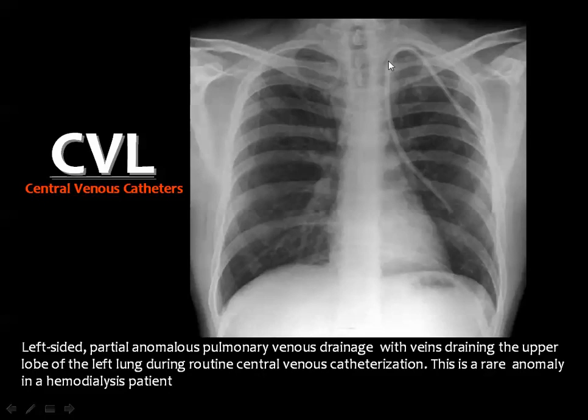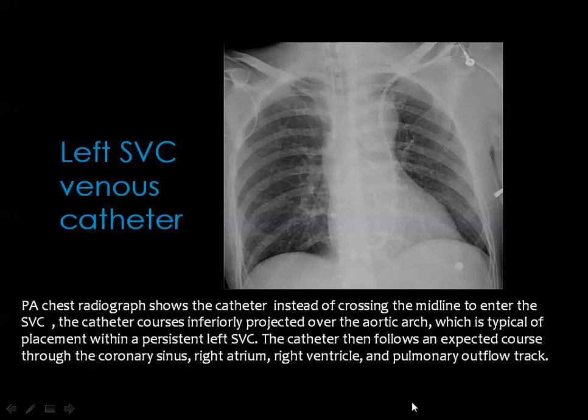It is located to the left of the midline, and this is one of the rare conditions, where the patient had an anomalous venous drainage that included the catheter. And in this particular patient, it happened to have a left-sided superior vena cava.